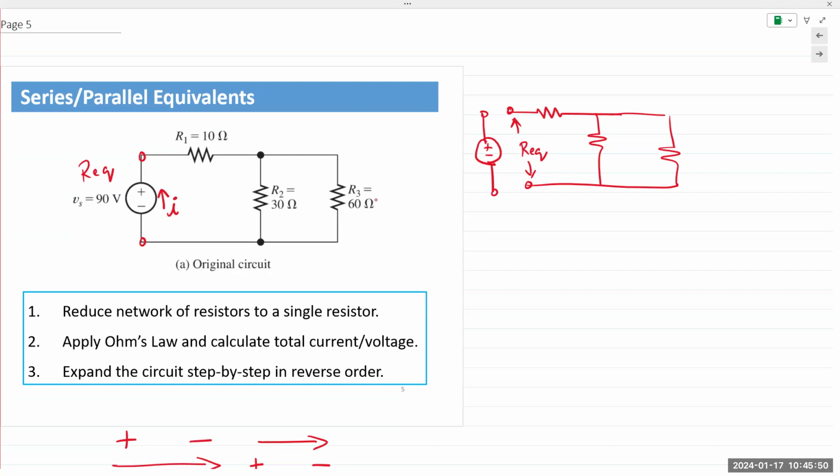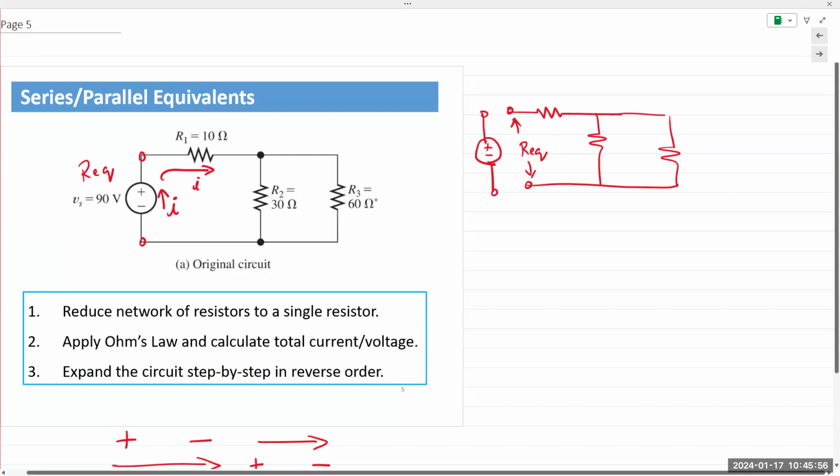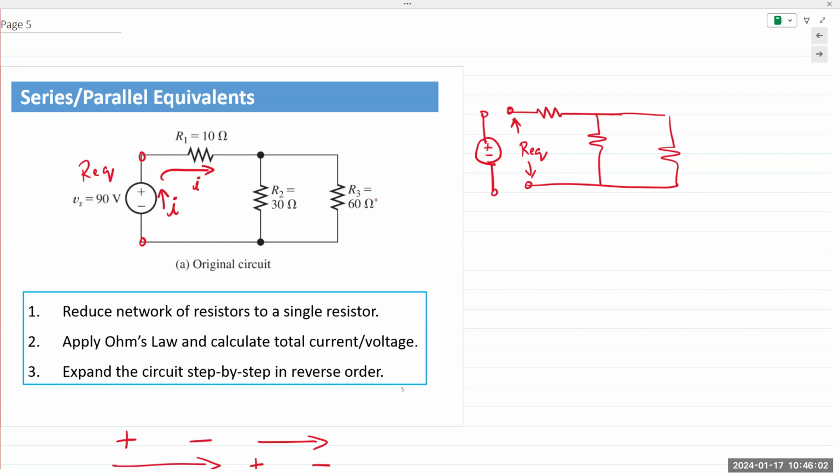If it's going up, there is no other pathway for it to take except this. So right off the bat, I know the direction of the current flowing through R1. It's going from left to right. Does that make sense to everyone?